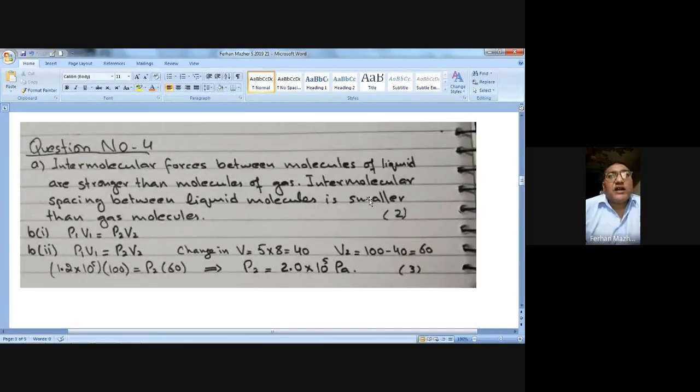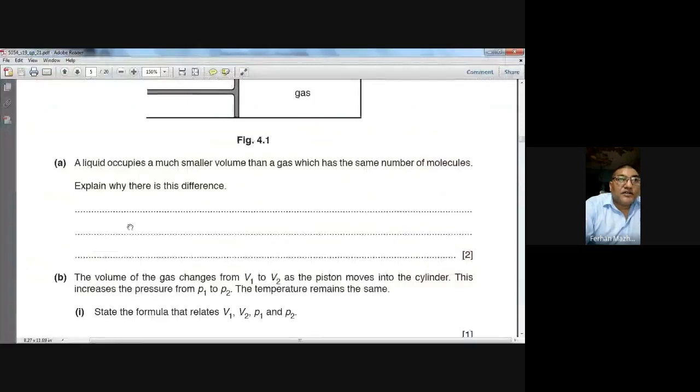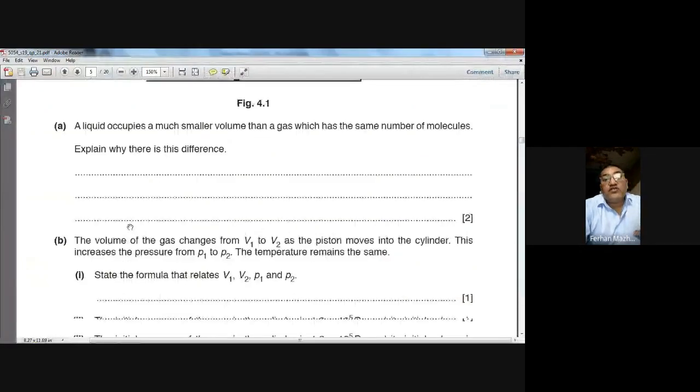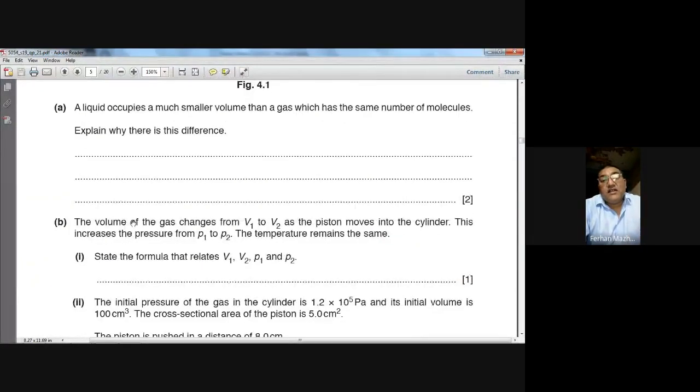Intermolecular forces between molecules of liquid are stronger than molecules of gas. Intermolecular spacing between liquid molecules is smaller than gas molecules. So these are the two reasons due to which the liquid occupies less volume as compared to gas, if the number of molecules of gas and the liquid are equal to each other.